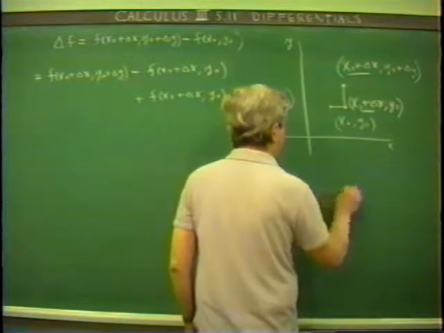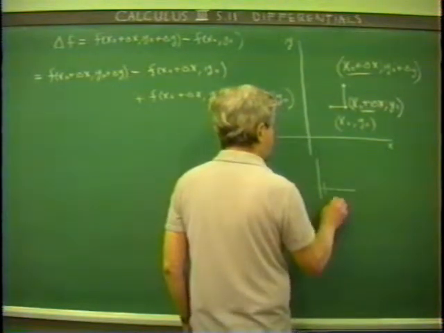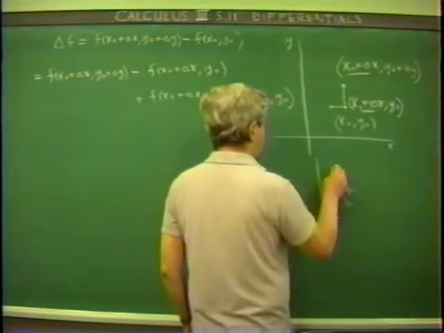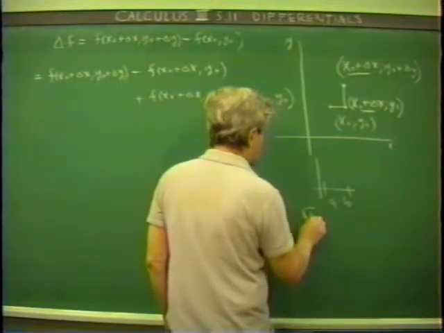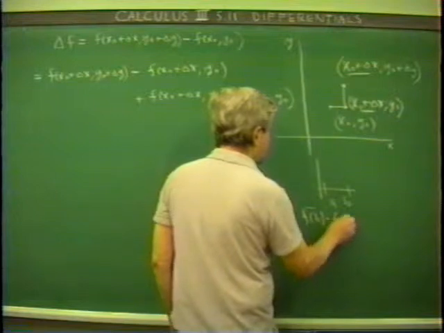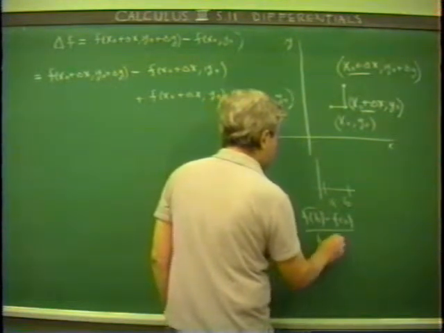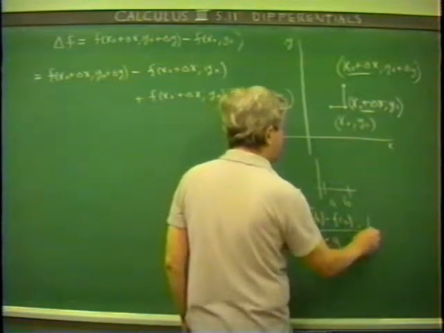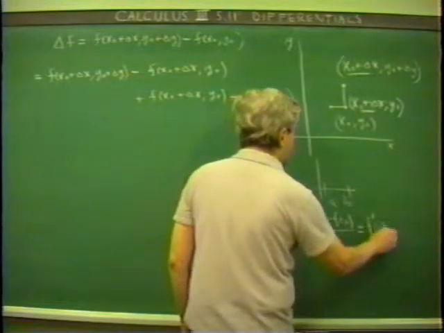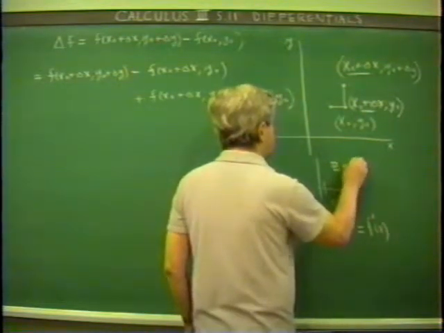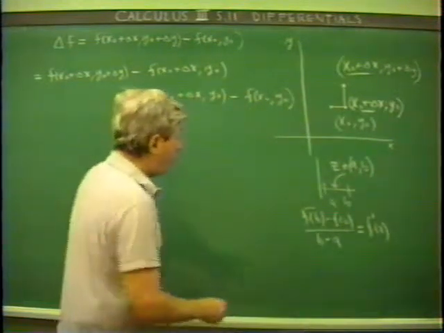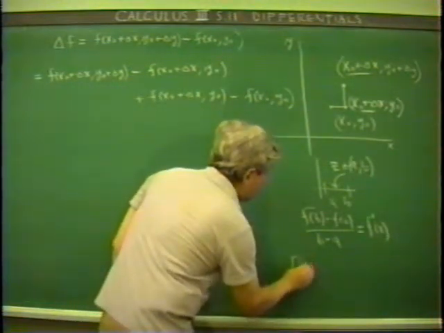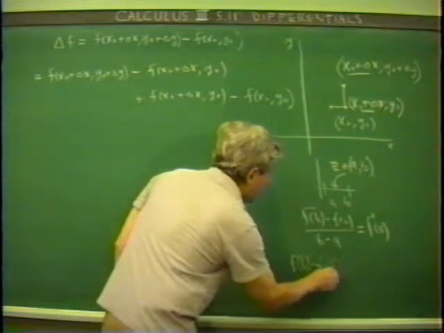And now, what I wanted to use is the mean value theorem for derivatives. Recall that if you've got a differentiable function defined on an interval a, b, then f of b minus f of a over b minus a is equal to the derivative of f at some point z, where z is in the interval from a to b.